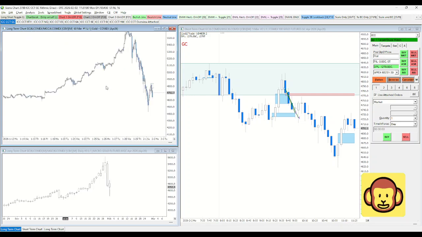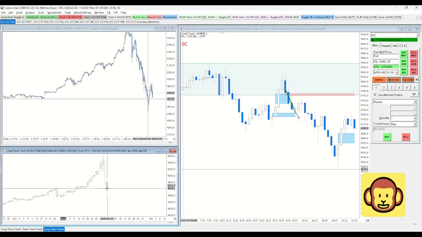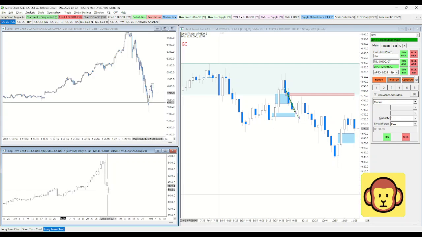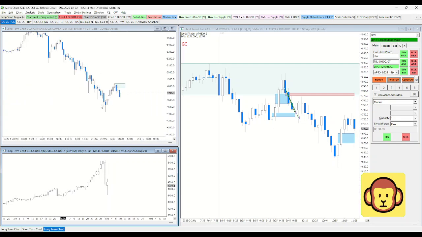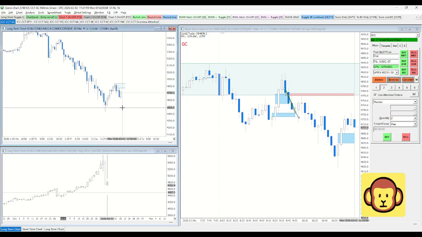Now, it may be, if we look at how low this went on the daily, that we're looking to reverse. I'm aware of that, but the expectation is still very much we've got our lower low. At the very least, we'd get an equal low.